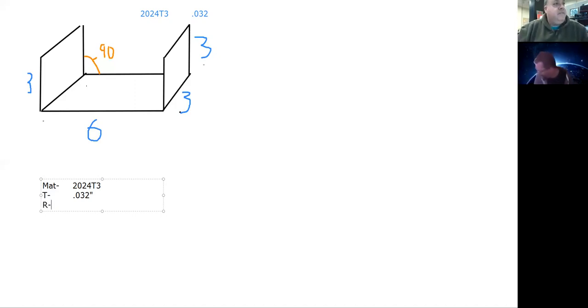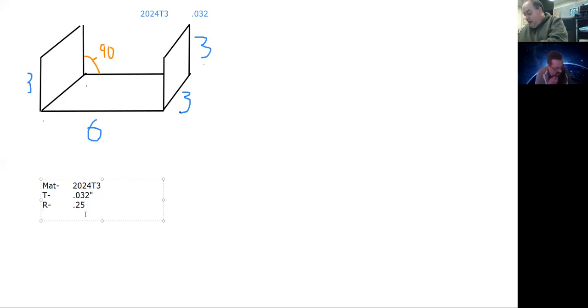On this, we don't have to use our minimum, but what do you want to use as radius? I like 0.25. Okay, 1/4 inch. That's okay because that is more than our minimum, so we're okay. So now we picked our radius there.